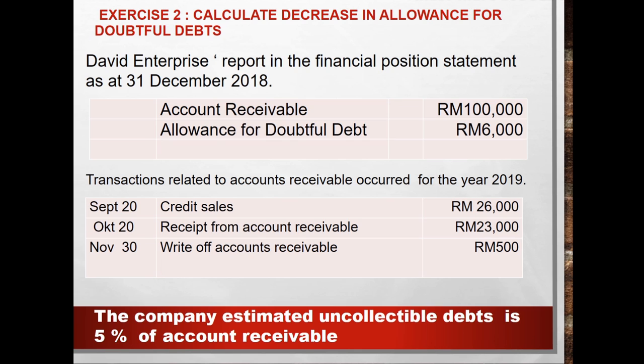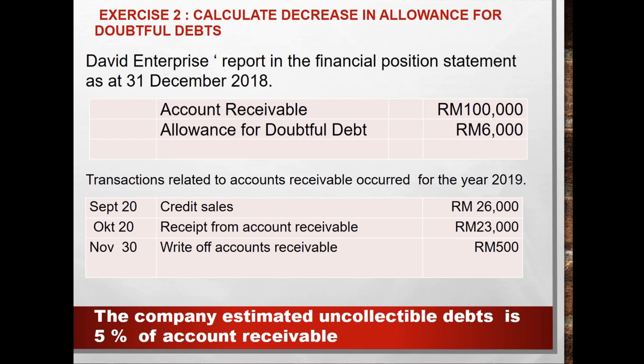This one, credit sales: debit account receivable and credit sales. And on the 20th of October, debit cash, credit account receivable, and on the 30th of November, write off account receivable. We must use the allowance method because we have the balance from the previous year.